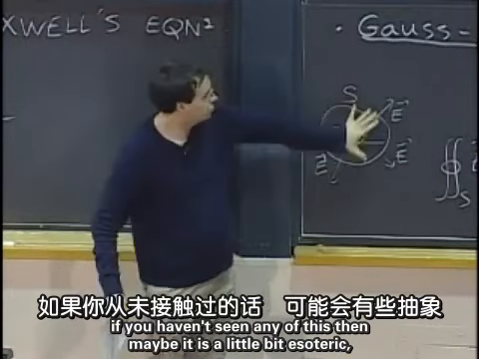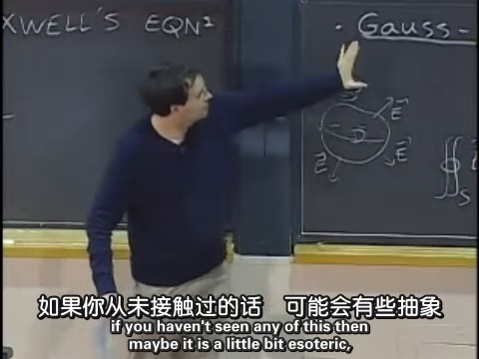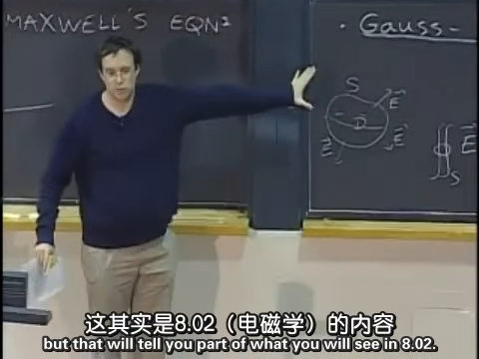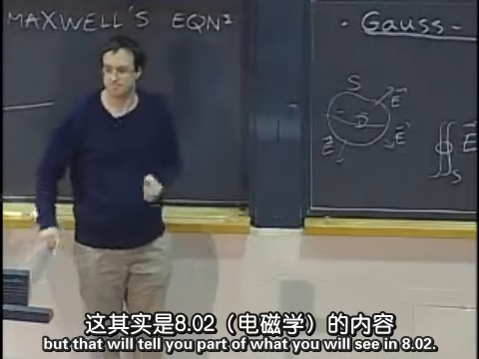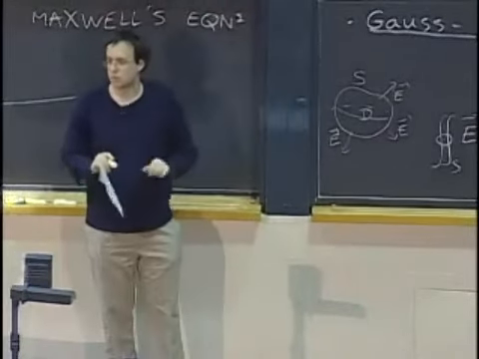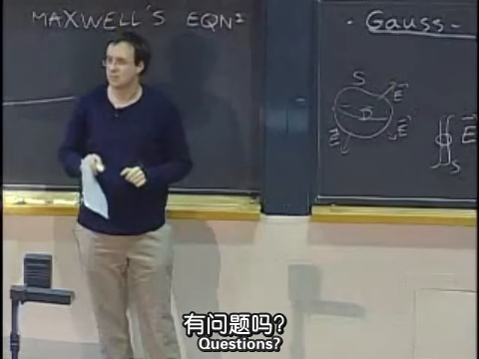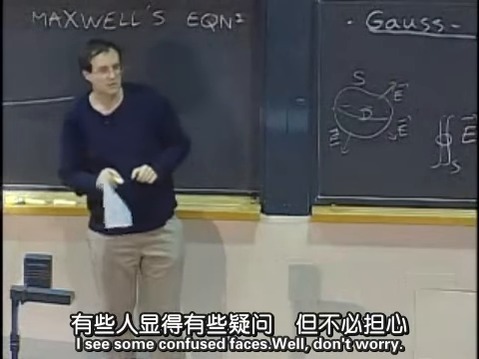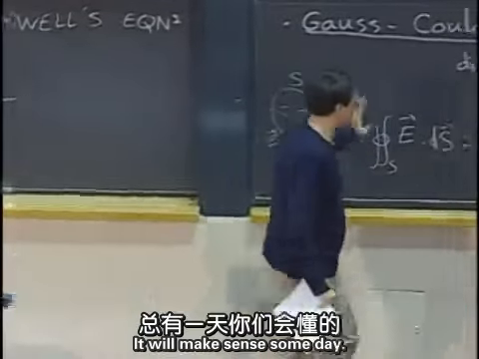Okay, now of course if you haven't seen any of this, and maybe it's a little bit esoteric, but that will tell you, part of what you will see in 802. Okay. Questions? I see some confused faces. Okay, well, don't worry. It will make sense someday.